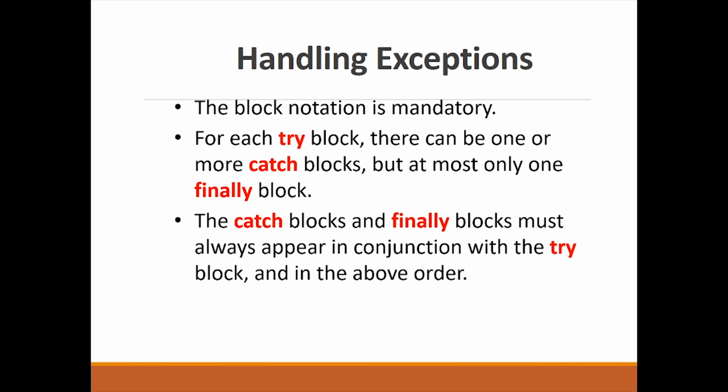The catch block and finally block must always appear in conjunction with the try block, in the above order. You cannot use a catch or a finally if you don't have a try.